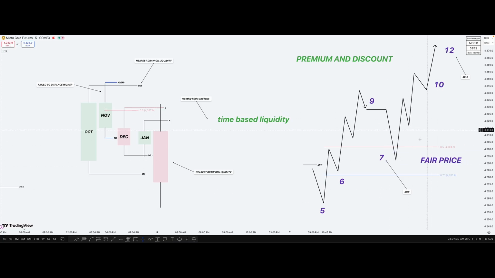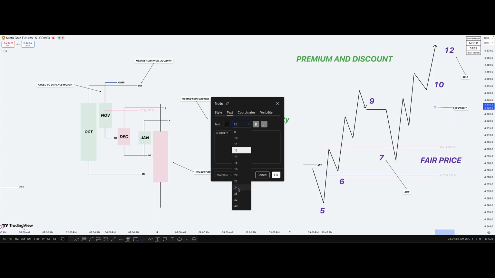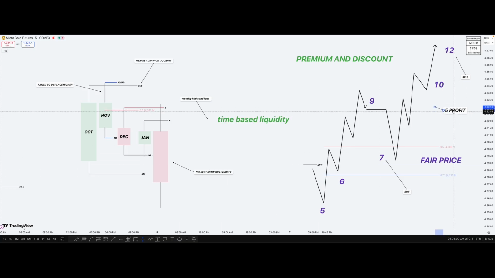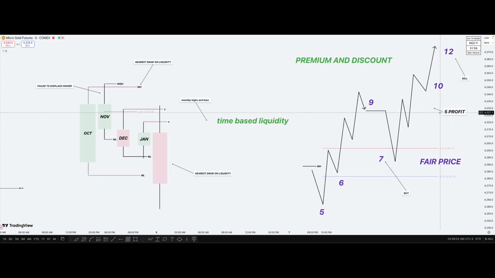The difference is of how much? 7, 8, 9, 10, 11, 12. 5 points, right? So the difference is 5. So 5 is our profit, right? The profit is 5. Why? Because we are selling at a different price, isn't it?